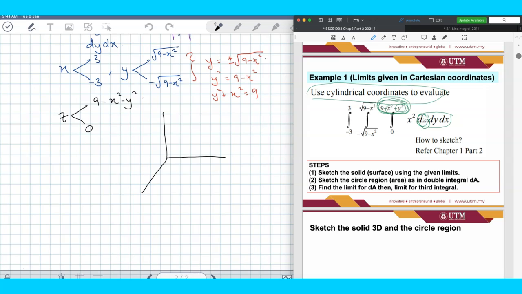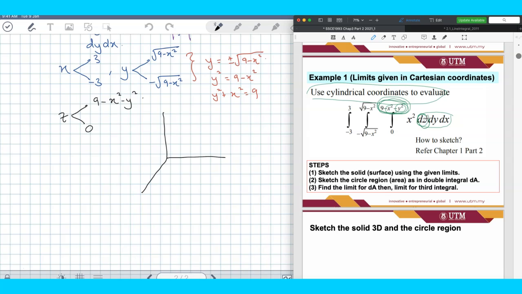So I can see that the highest mark is always 1. So why do we need to spend extra time on sketching if you can imagine easily in your mind, so that you can determine the lower and the upper bound in terms of r and theta. I hope that you understand what I mean.